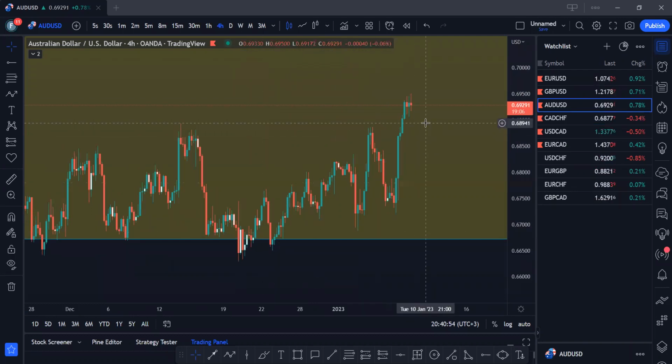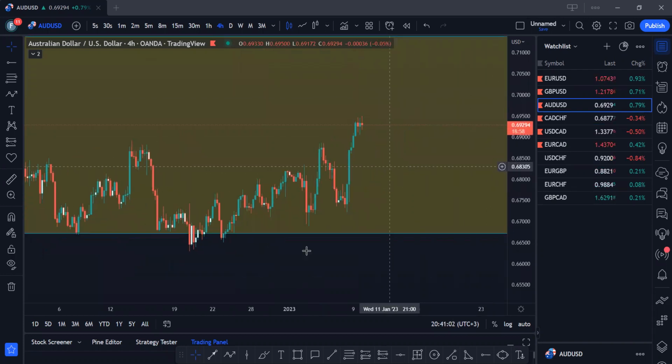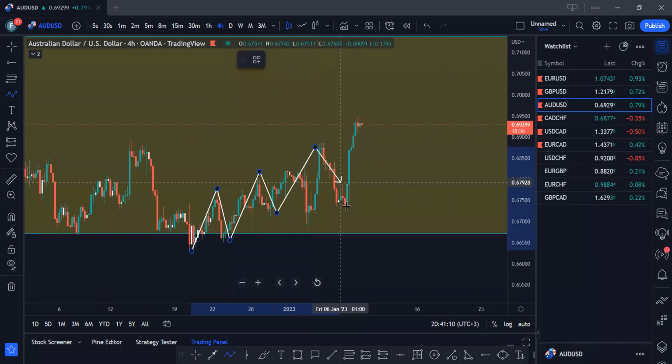Another thing you can wait for, if the sell does not work, is a buy opportunity. We can see this market structure like so. You can see a bullish move like so.